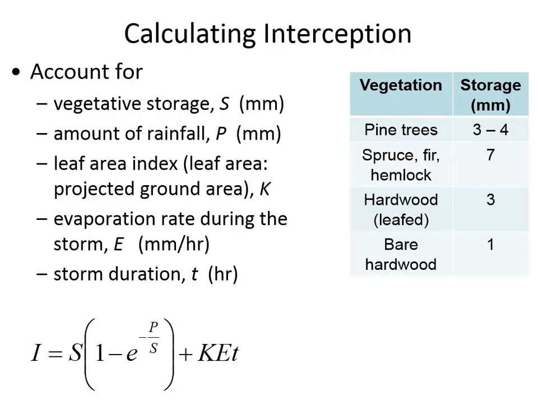This was a trend that we pictured for soil, and the same thing is true, that there's a declining amount of infiltration. As the storm gets bigger and bigger, a smaller fraction of it is going to be intercepted. This model takes into account any evaporation rate that may occur during the storm, as well as the storm duration.